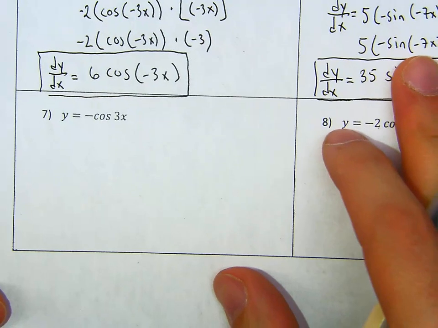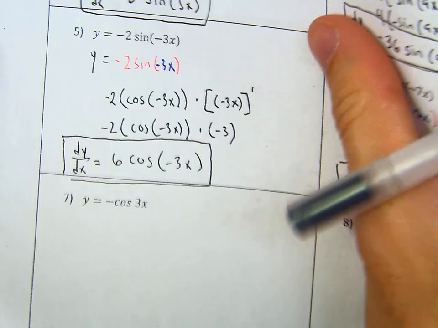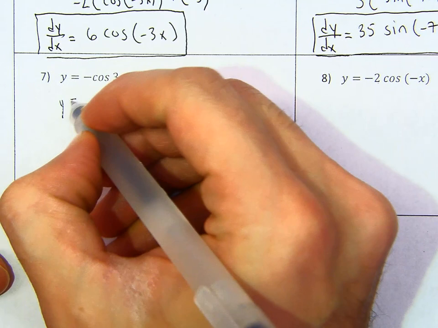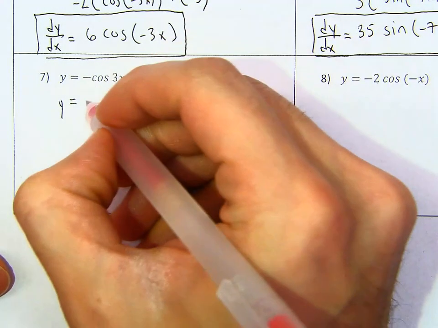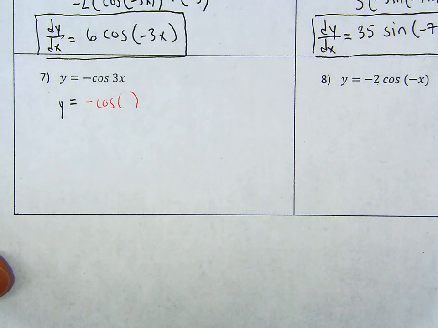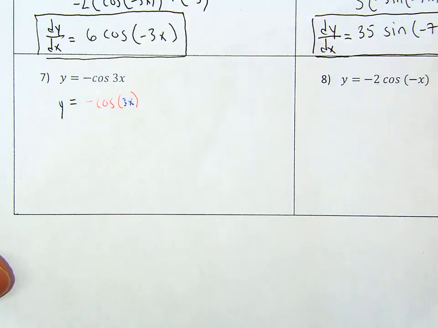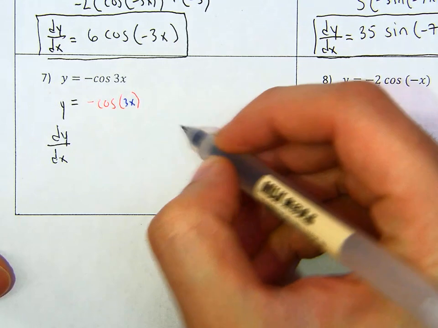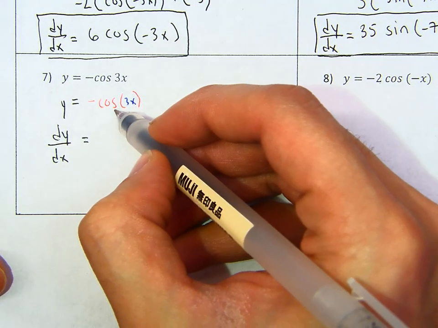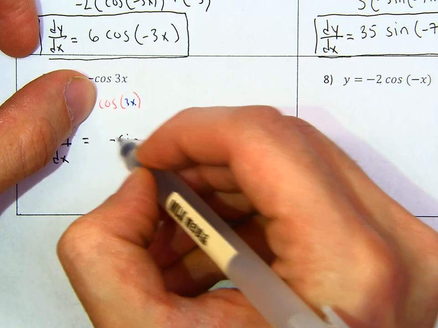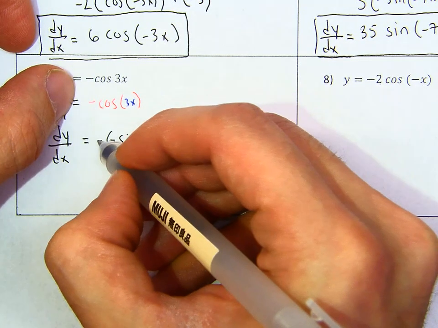Okay, 2 more. Let's take a look at this. So you have negative cosine 3x. So y equals, our outside will be negative cosine, and the inside will be 3x. Okay. So here, dy/dx. Well, what's the derivative of cosine? It's negative sine. And don't forget, we still have that negative symbol here.